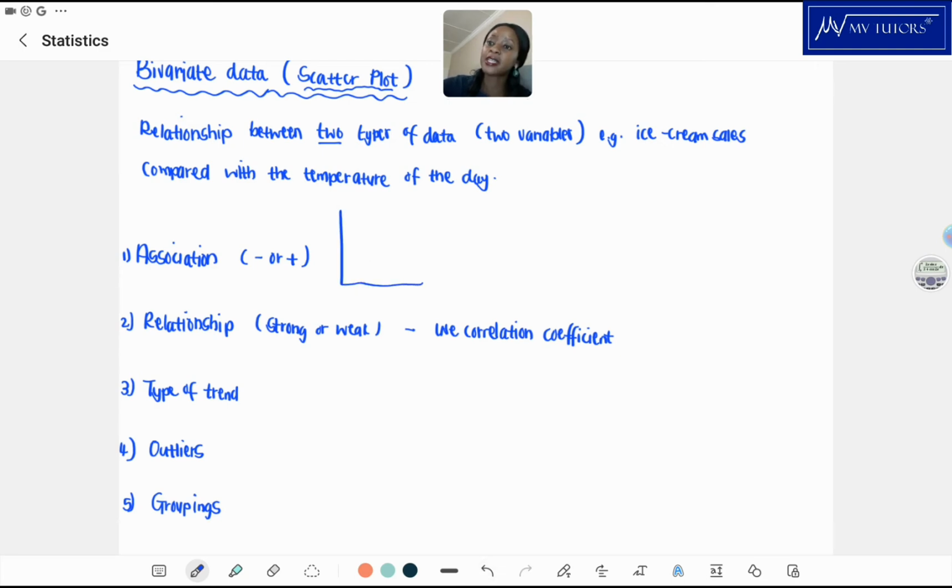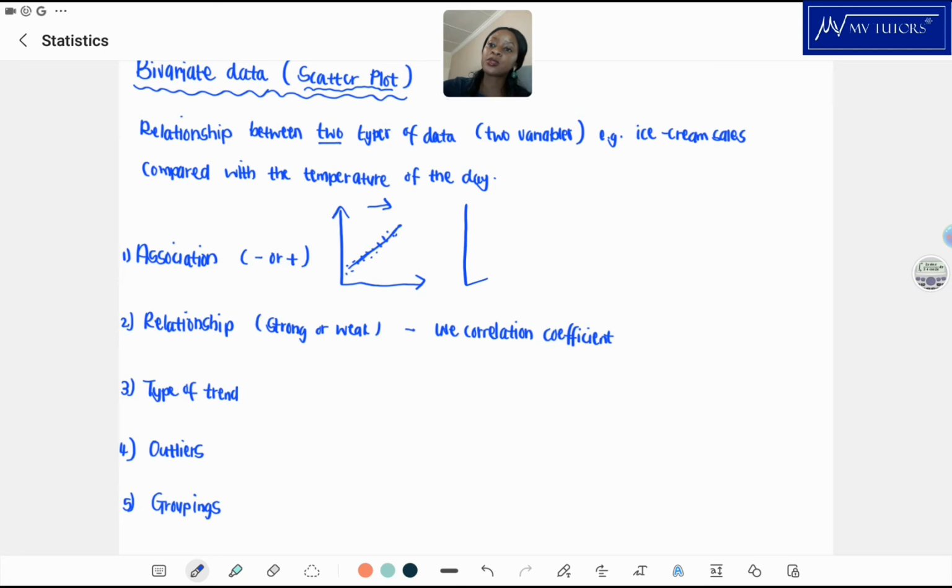Let's say you had a good data set, and your data is doing something like that. When you go from left to right, you can see that there is an increase. If you were to draw a line of best fit, there is an increase, so this is a positive association.